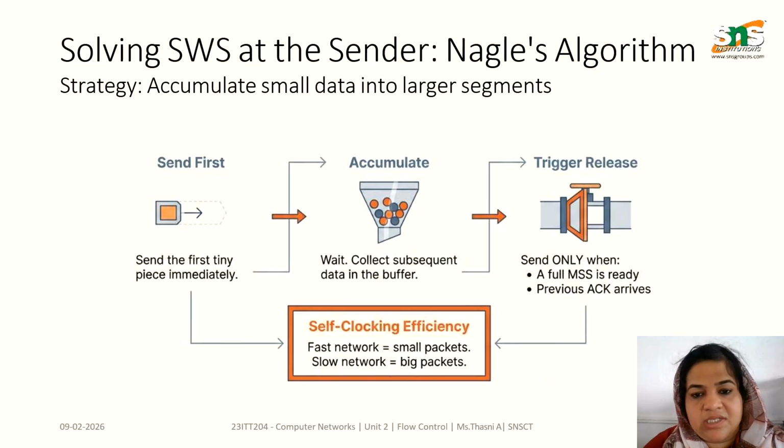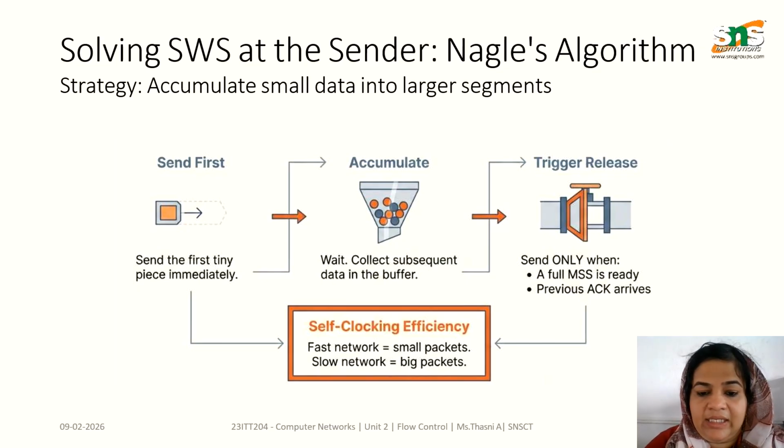Solving SWS at the sender is called Nagle's algorithm. The main strategy is to accumulate small data into larger segments. First it sends a tiny piece immediately, and then it starts self-clocking, so a fast network means small packets and a slow network means big packets.